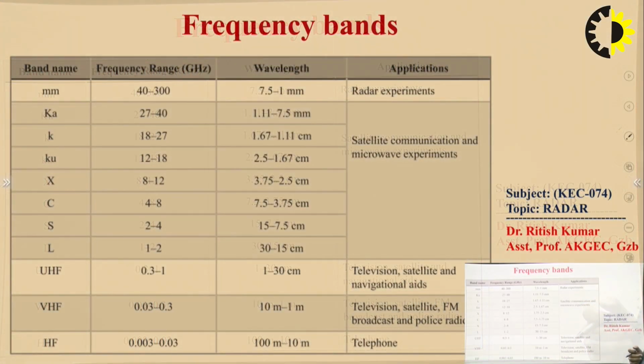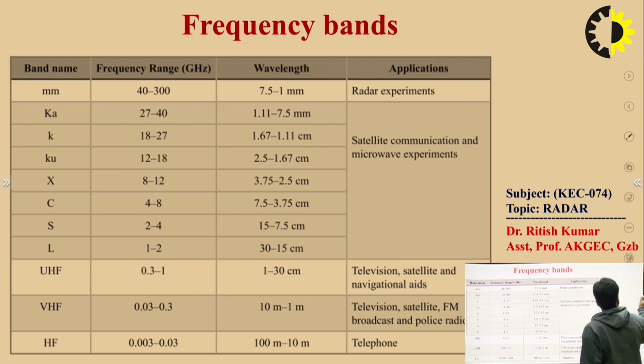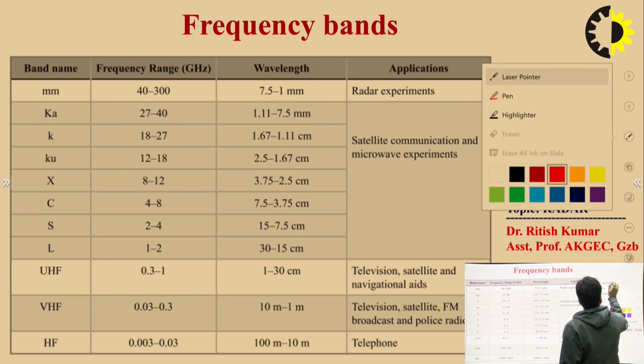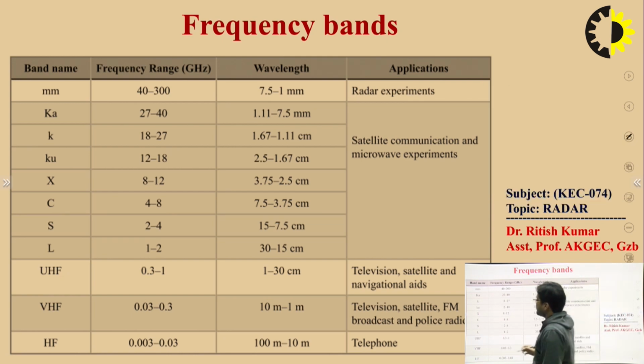The names of the frequency bands: this is the millimeter wave band, this is the K band, and the other bands such as K, Ku, K, X, C, S, L, ultra high frequency, very high frequency, and high frequency.